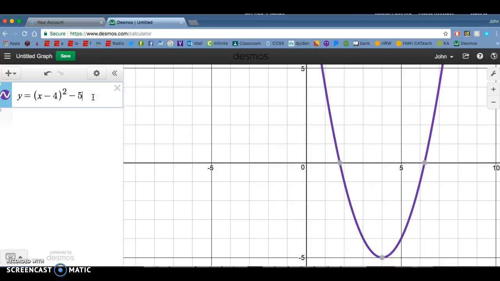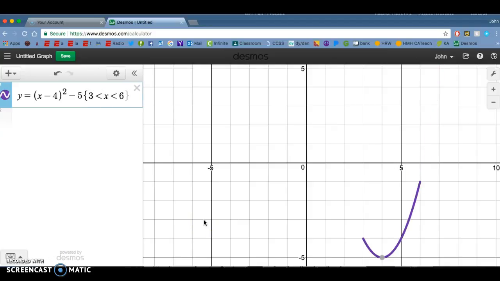And of course, we can restrict our domains by using our curly brackets over here. So if we want now from this area to this area here, well, that would be from x equals 3 to x equals 6. So 3 is less than x is less than 6.